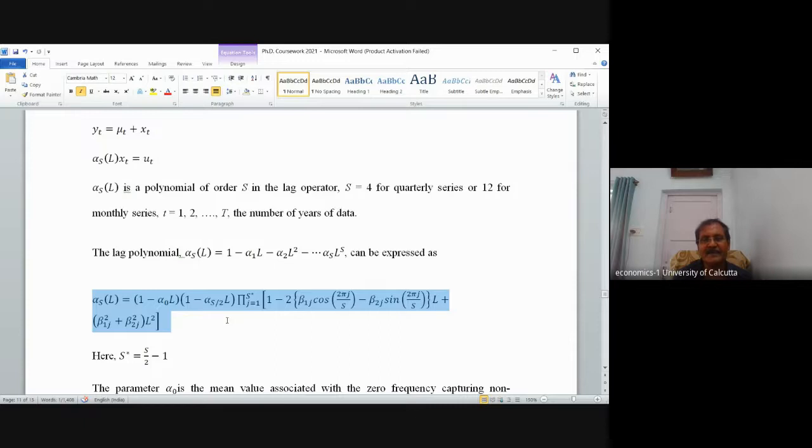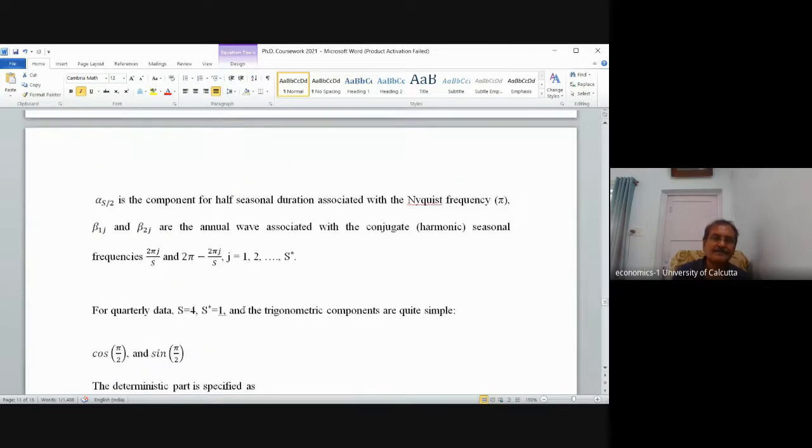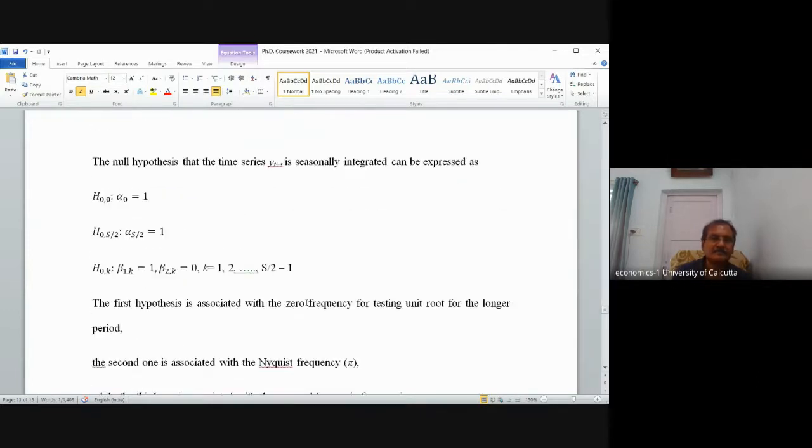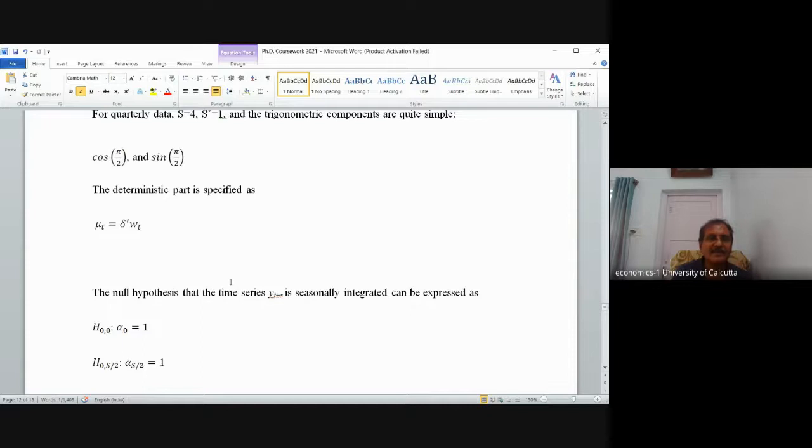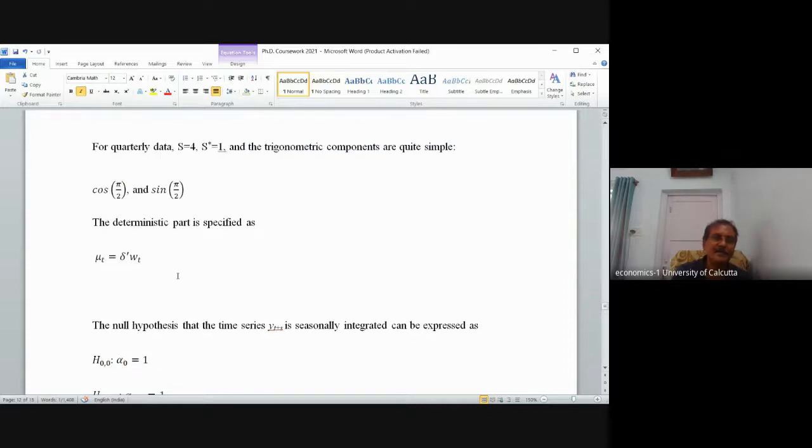So you can explain the similar trick to capture the seasonal business cycles. And the deterministic part, mu t, is specified in this way.